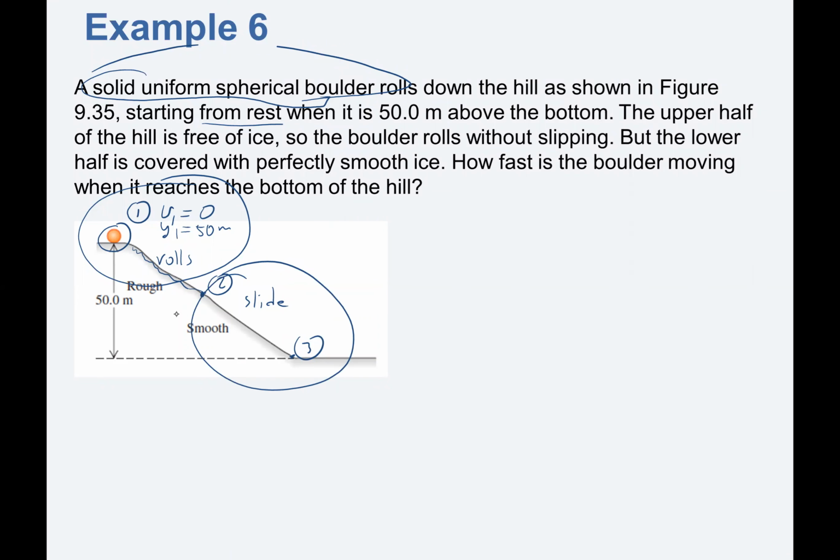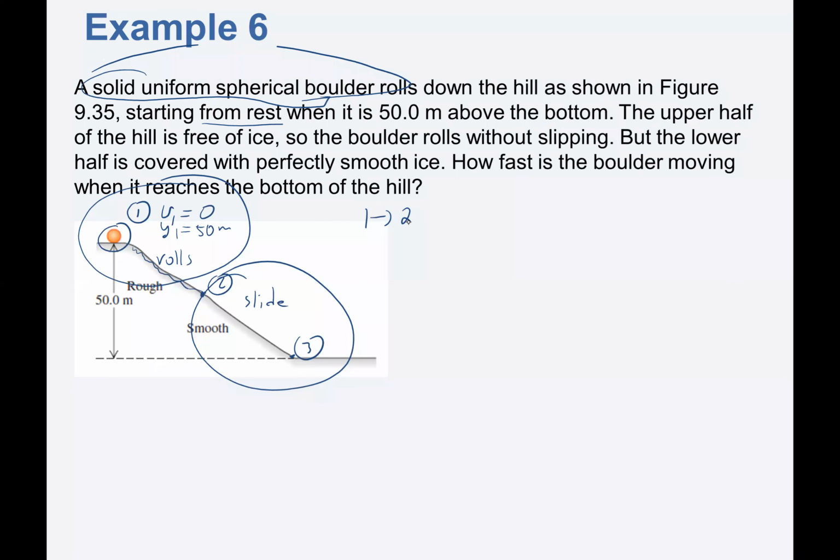In order to find how fast it's moving at point 3, I cannot reference point 1 anymore because it rolls from 1 to 2 and then slides from 2 to 3. So I'm going to break it down into going 1 to 2 first, find how fast it's moving at point 2, and then use that for the second part.